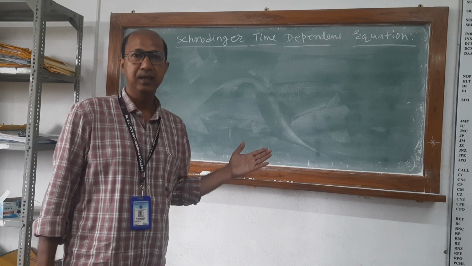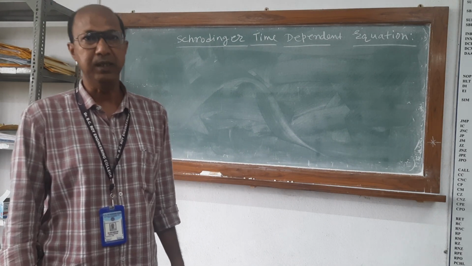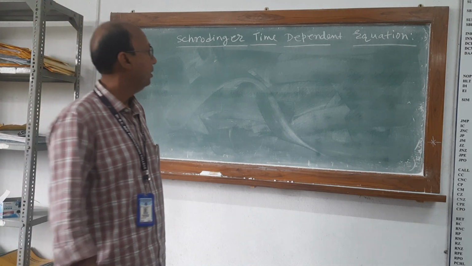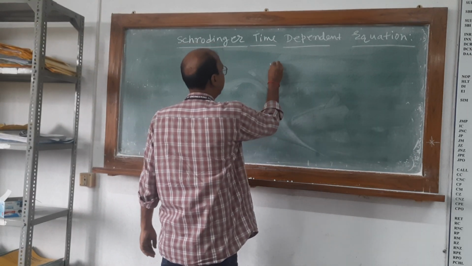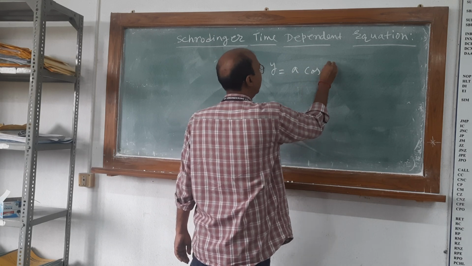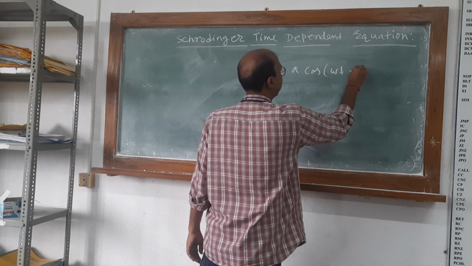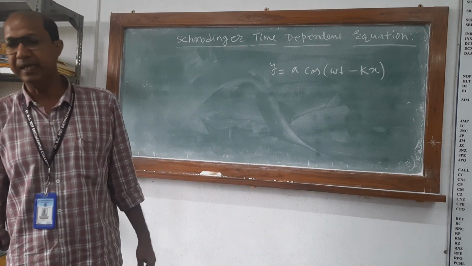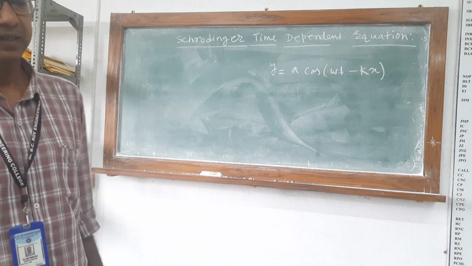In classical mechanics, we know the wave equation. Any wave equation, suppose y equal to a cos(omega t minus kx). This is a wave equation.